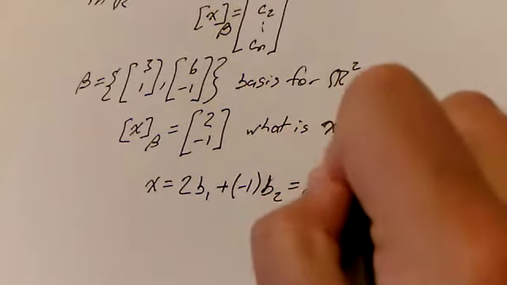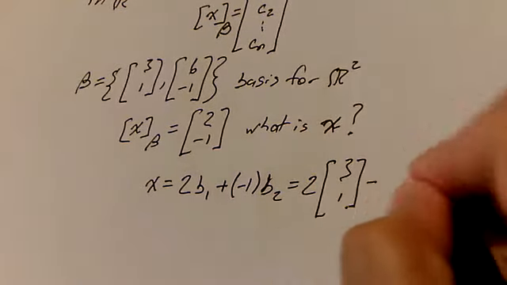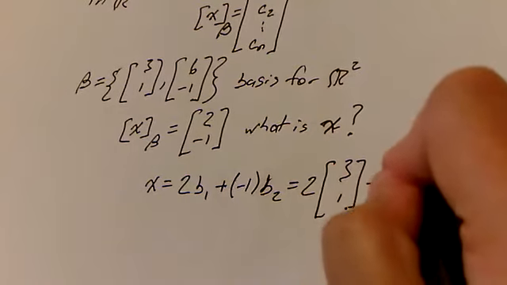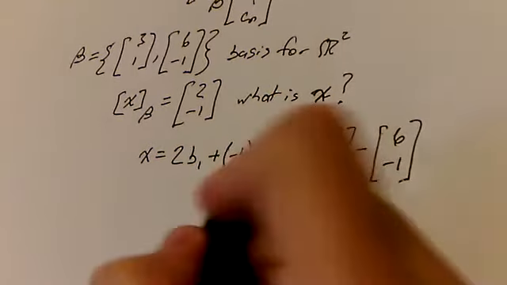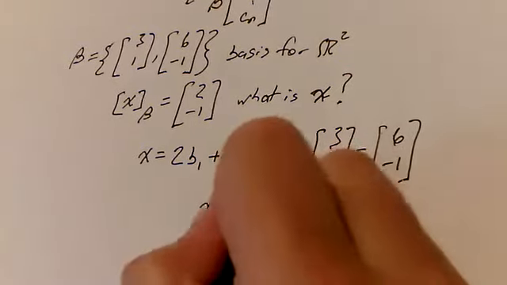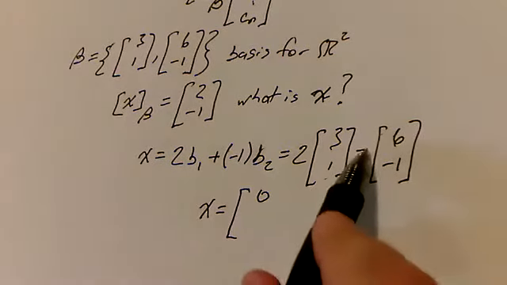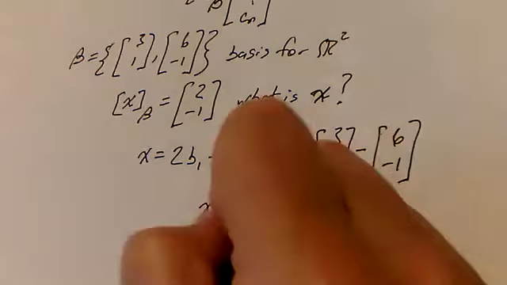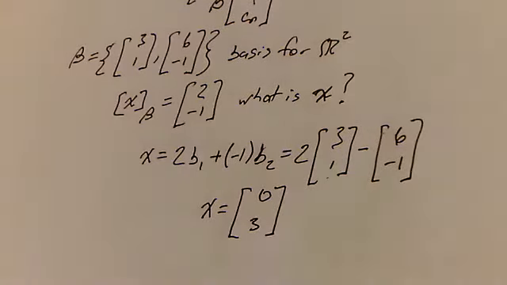That's 2 times 3, 1, my first basis vector, minus, because it's -1, 6, -1. I add those together. So x is equal to 2 times 3 is 6 minus 6, which is 0. 2 times 1 is 2, and negative and negative make a positive 1, so I get 3. So 0, 3 is my vector x, given that basis and that coordinate vector.